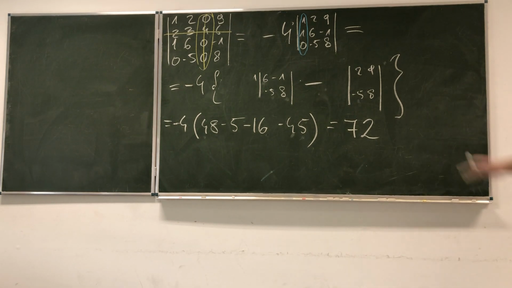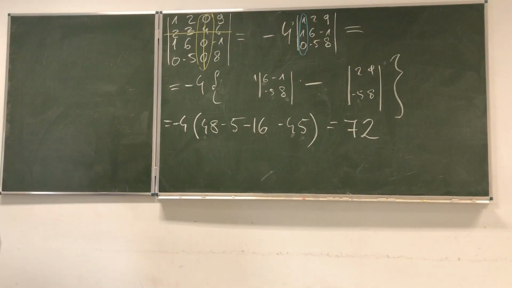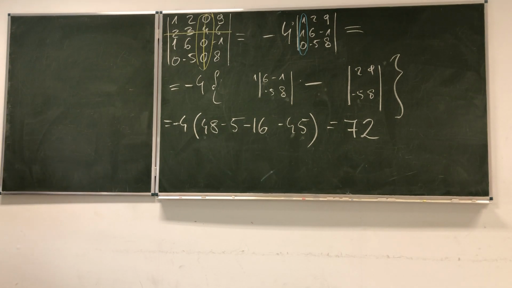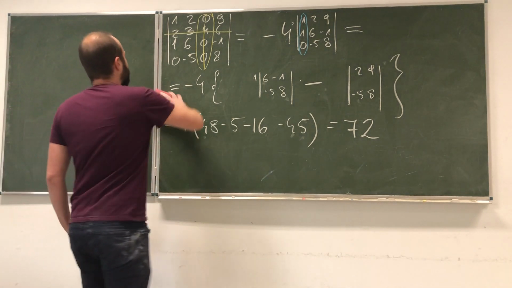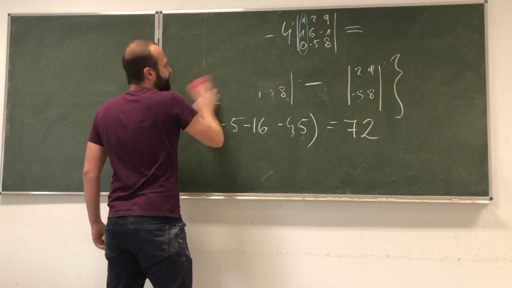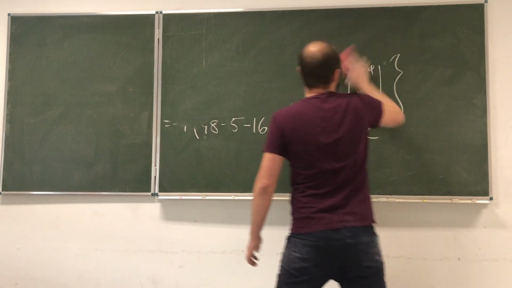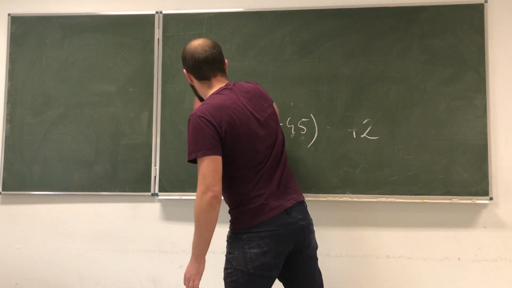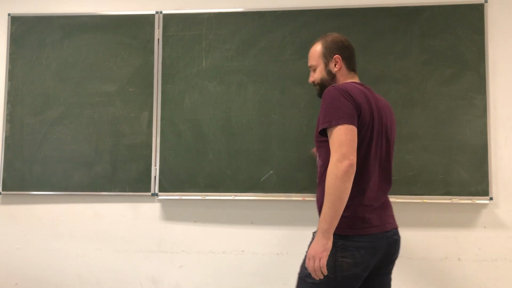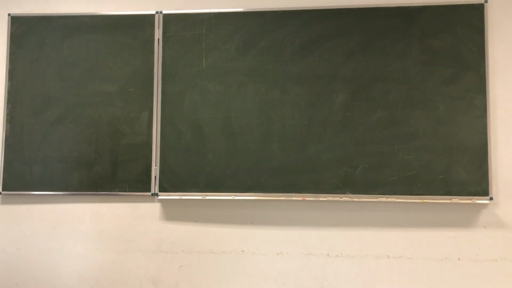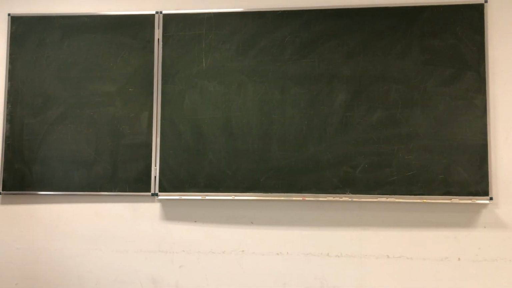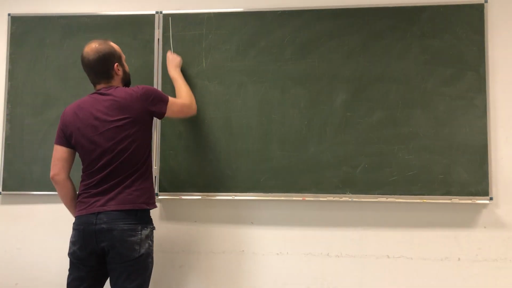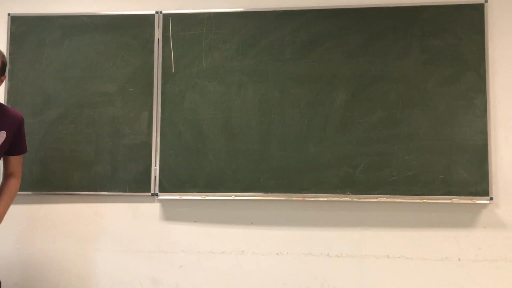Okay, so now that we've dealt with 3 by 3, 4 by 4, well, this is definitely a time for a determinant of the size 5 by 5. Okay, and look, this is the type of exercise you can expect on your final exam.